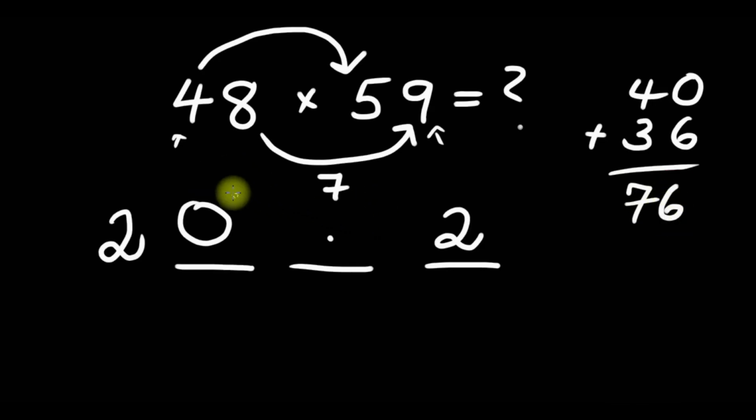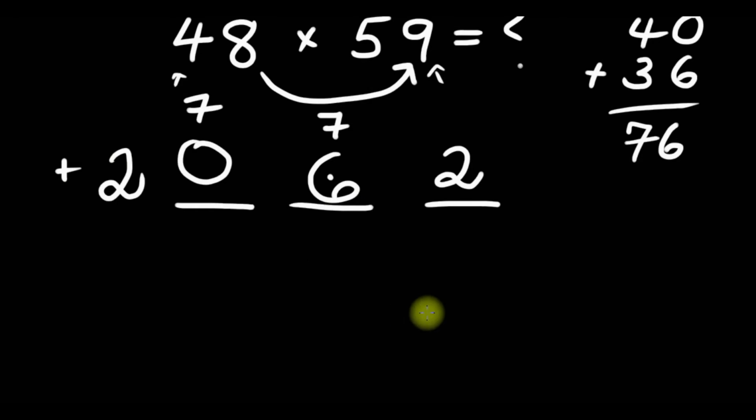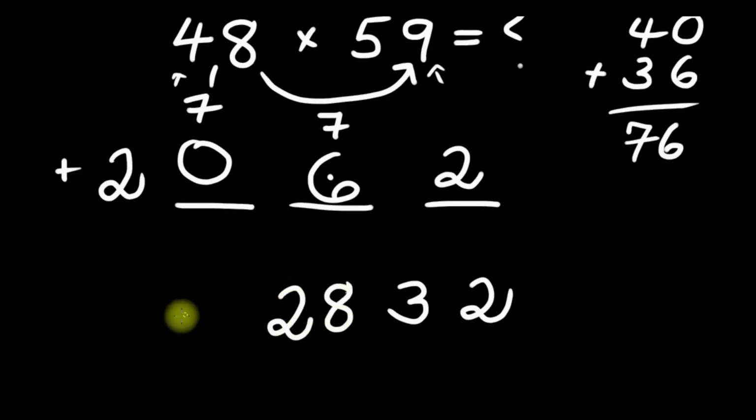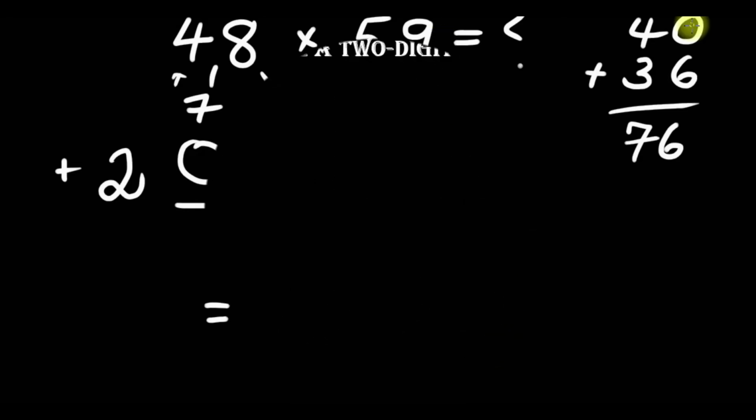To write out your 76, the 7 goes here, and the 6 goes there. Now we add those numbers up really fast. Here we have a 2. 7 plus 6 is 13. Carry a 1. 7 plus 1 is 8. And then bring down the 2. So the answer here is 2,832.